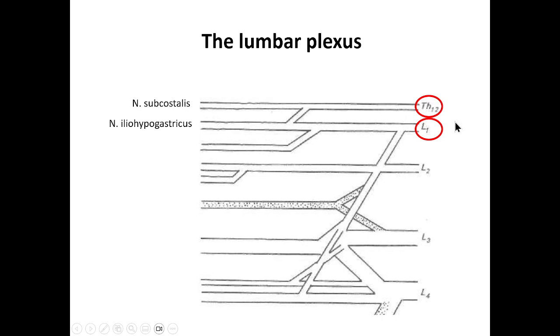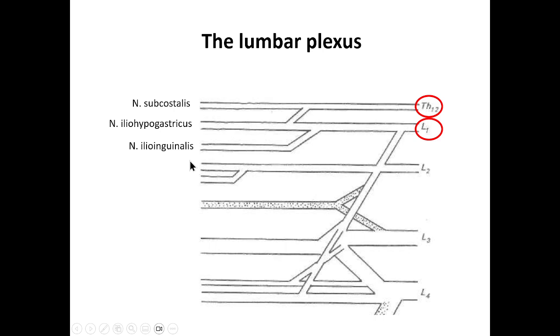Then next, nervus iliohypogastricus. It's the prolongation of L1, lumbar 1 spinal nerve. Then nervus ilioinguinalis, which is also a prolongation of lumbar 1 and is parallel to iliohypogastricus.